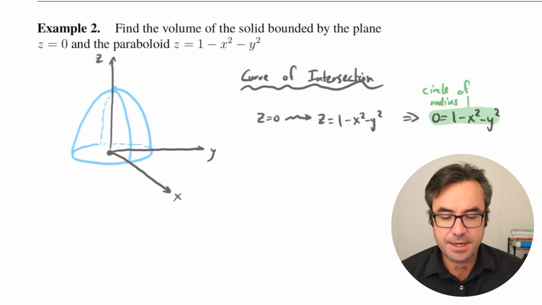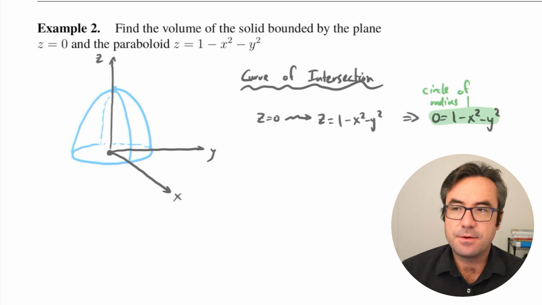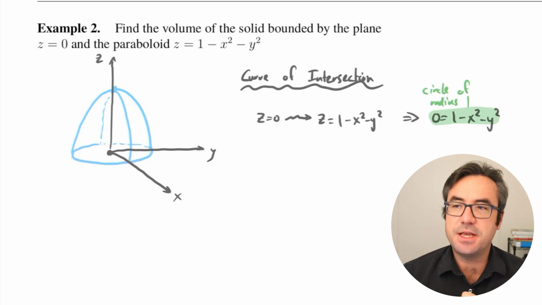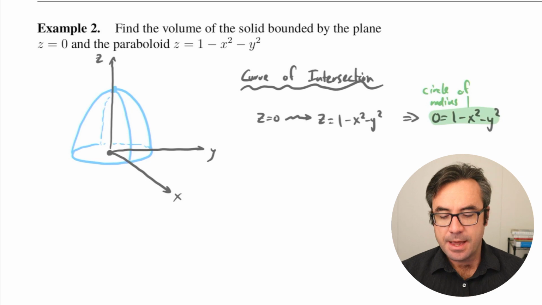And so what we're seeing is we have this equation now that's giving us the curve of intersection, and the paraboloid opens up above that.